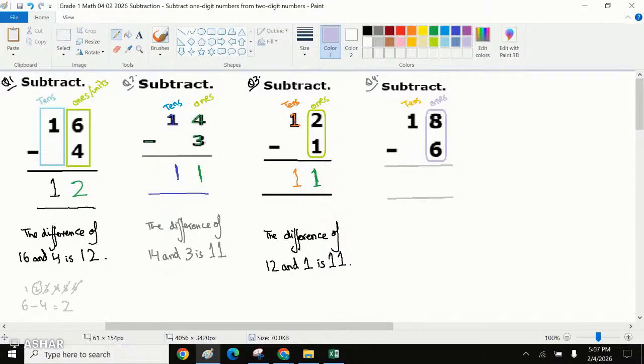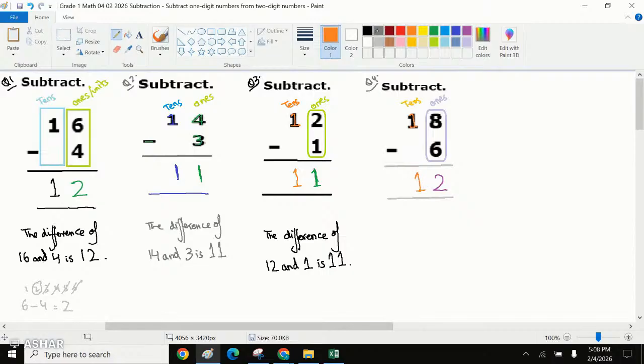We know that after 6, if we start counting, we can say 7 and 8. We can only count two numbers, right? So 8 minus 6 was 2. And in the tens position, it was a simple 1. So we write 1 as it is.